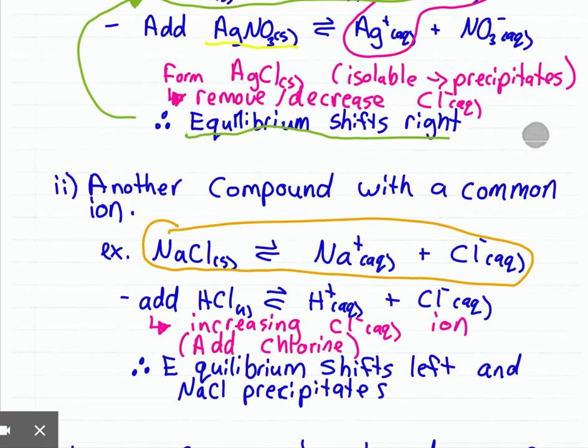So again, you've applied a stressor to the dynamic equilibrium, and our equilibrium shifts left, and we end up precipitating some sodium chloride. The equilibrium system is reacting to the fact that it now has a lot more chloride ions than it did before.